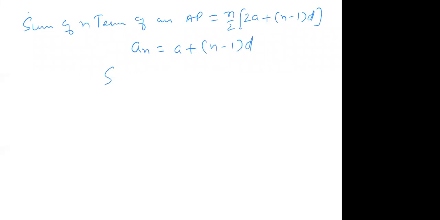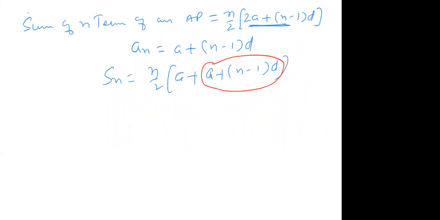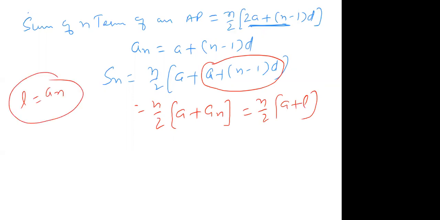So Sn is equal to n upon 2 into 2a plus n minus 1 into d. This 2a I am writing as a plus a, so I can write this part as n upon 2 into a plus an. And this is nothing but n upon 2 into a plus l, because the last term is the nth term. This derivation we have done today, so you will be seeing it in the videos.